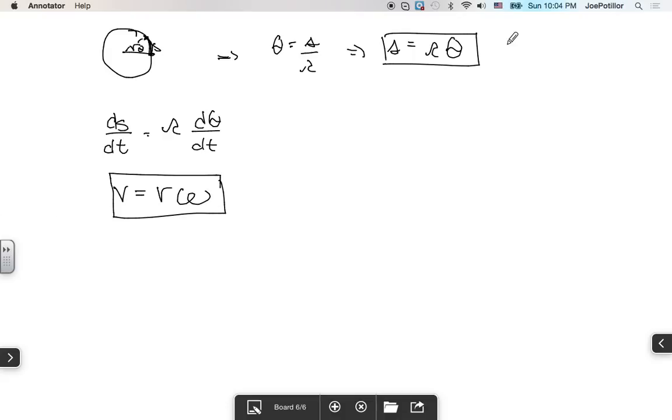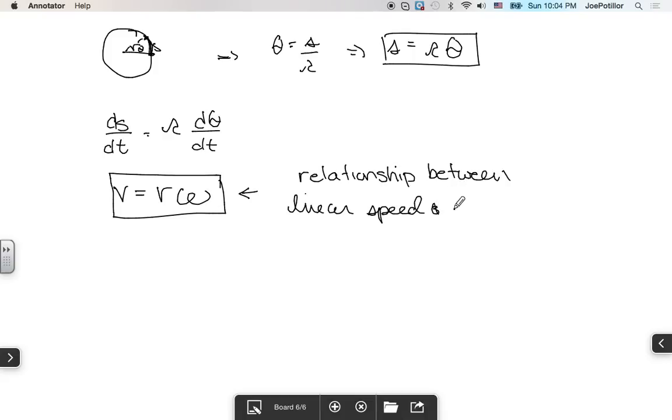Okay. So this is showing us the relationship between linear speed and angular velocity. Or linear velocity, doesn't really matter because you have vectors in all situations.